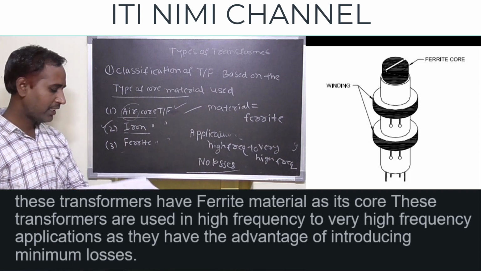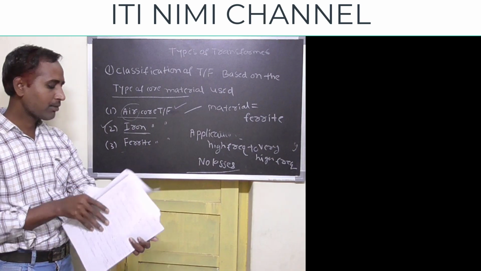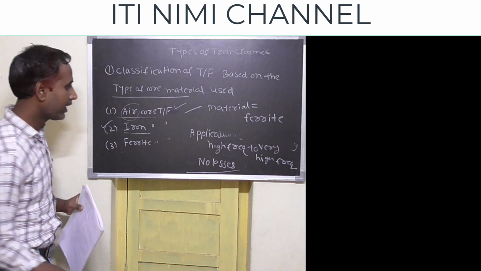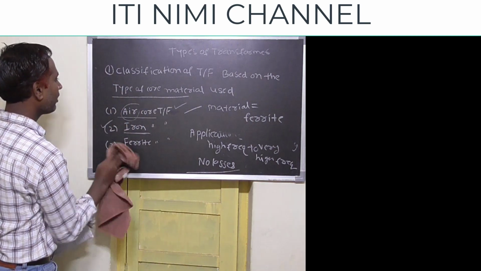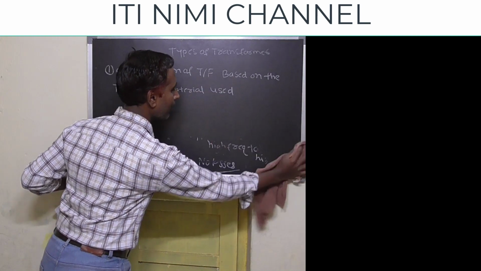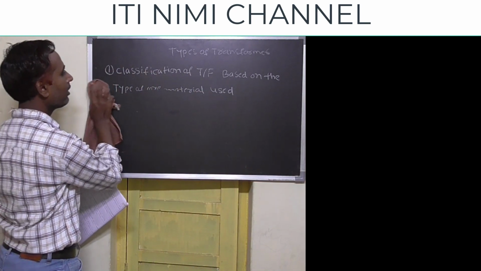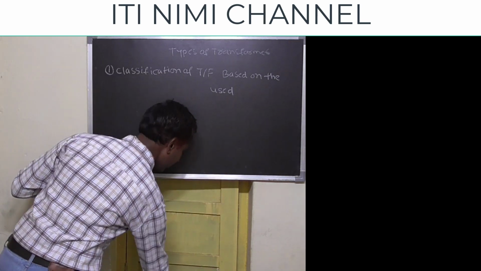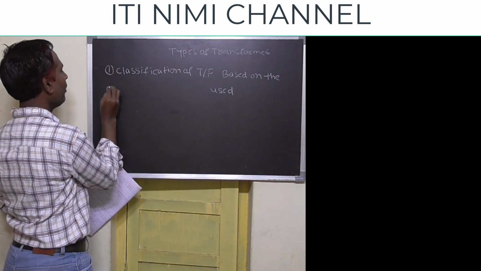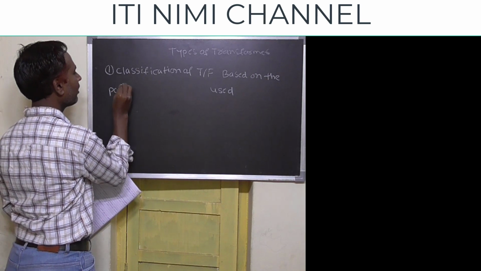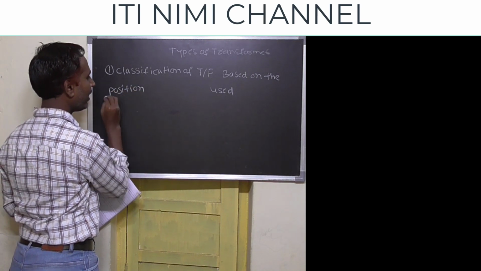Next we will see the transformer second category. I will put it here, the same here only, based on the type of core material used. Next, based on the position of winding. Position of winding.